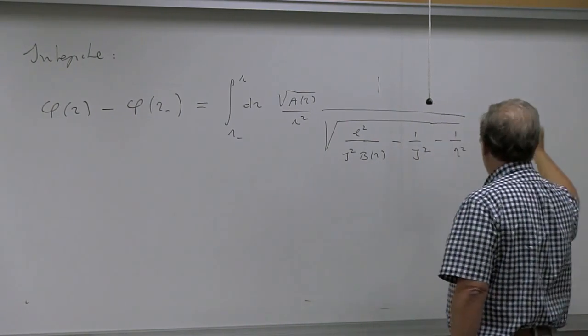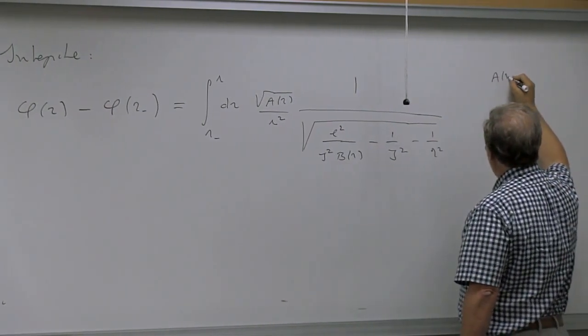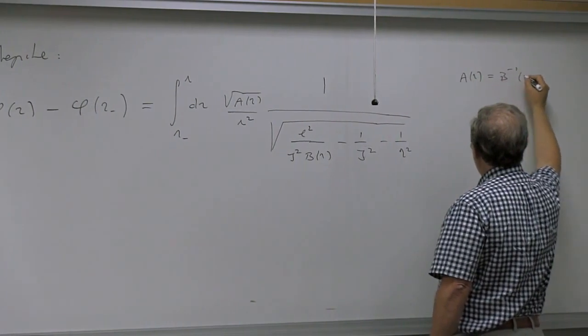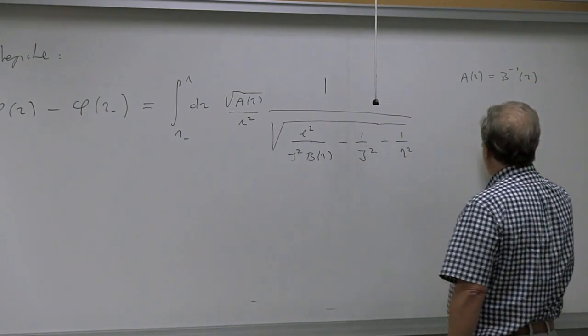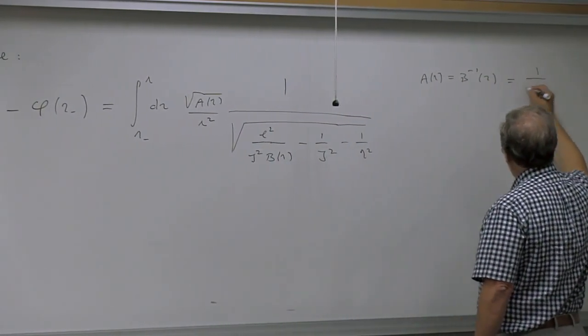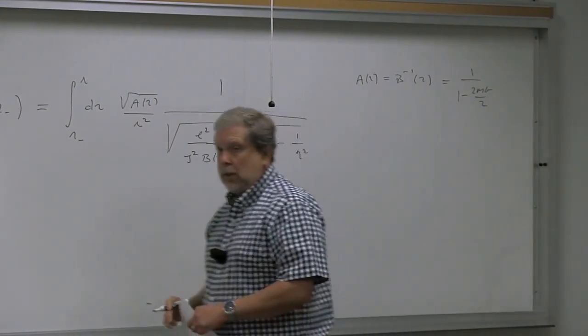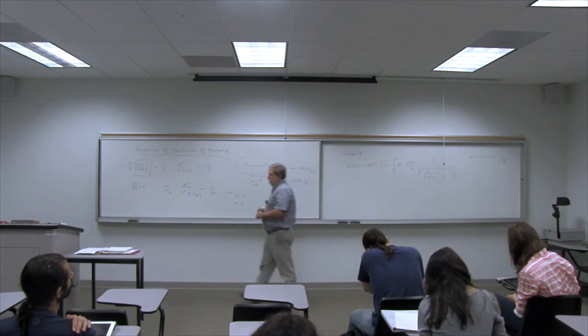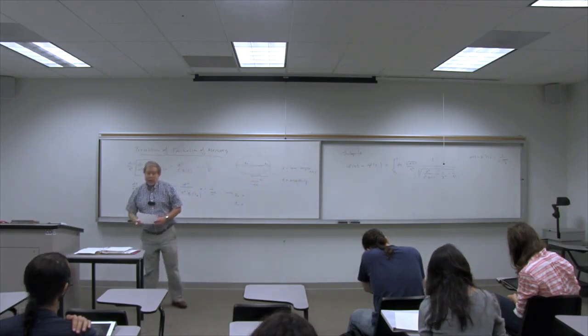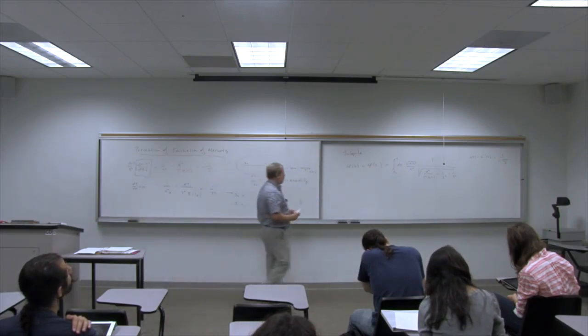Remember again that a of r is equal to b to the minus 1 of r, and this is equal to 1 over 1 minus 2 mg over r. So we put that in there, but there is no point in calculating this integral exactly because we're just interested in the leading correction.